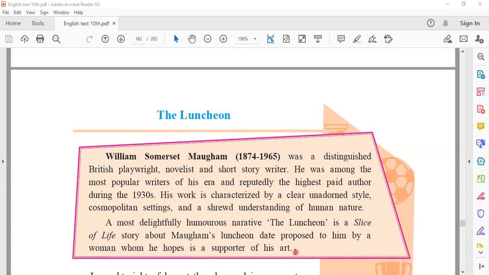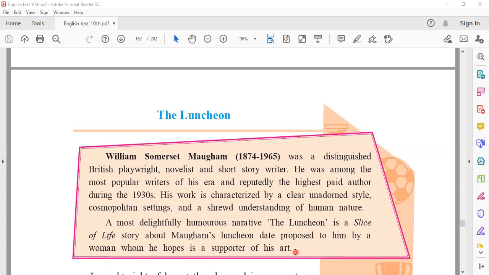So the lesson describes how a particular lady was taken for lunch by the author on a Thursday to a very famous restaurant in Paris, and this lady had the habit of manipulating, and she herself invited herself to a lunch.